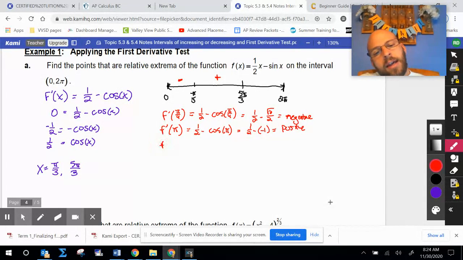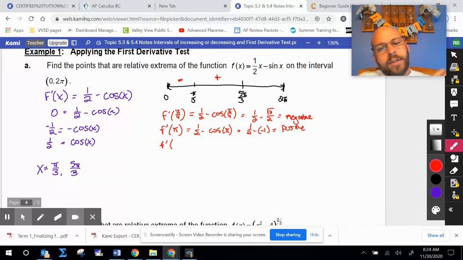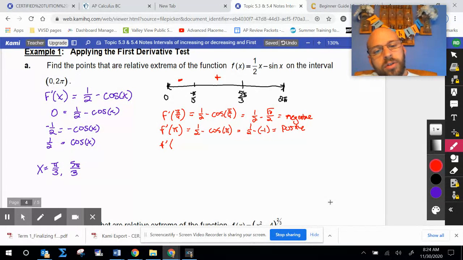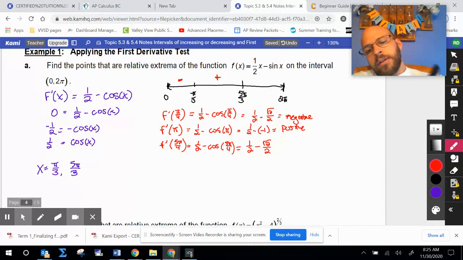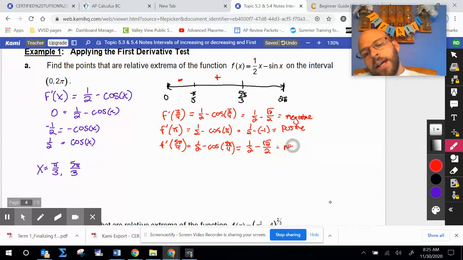And then I have f prime of something between 5 pi over 3 and 2 pi. So let's say 5 pi over 4 would be 1/2 minus cosine of 5 pi over 4, which I believe will give us the same thing as the first part that we did. And we know that that's going to be negative.